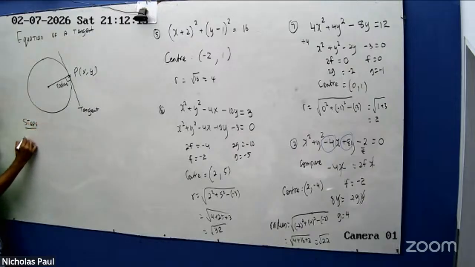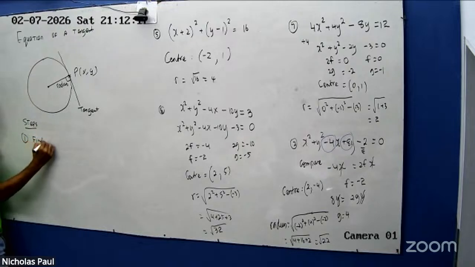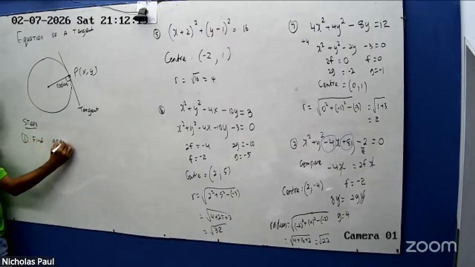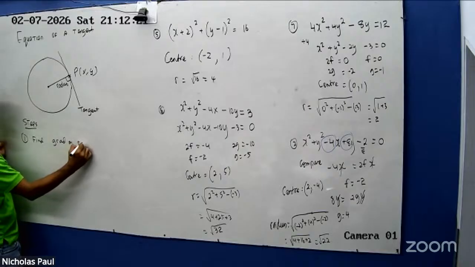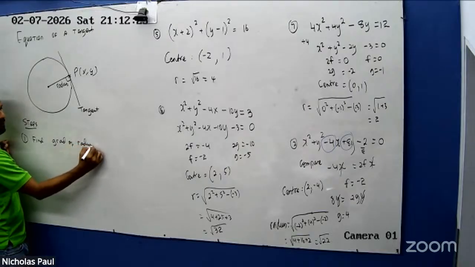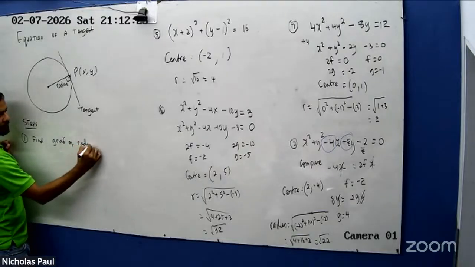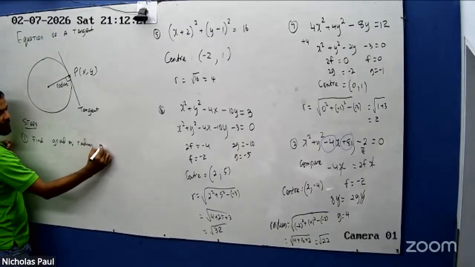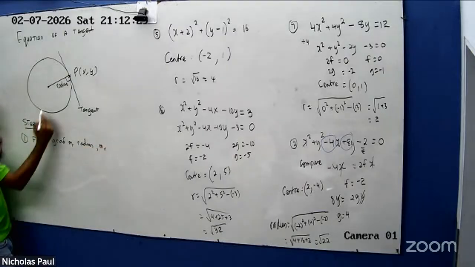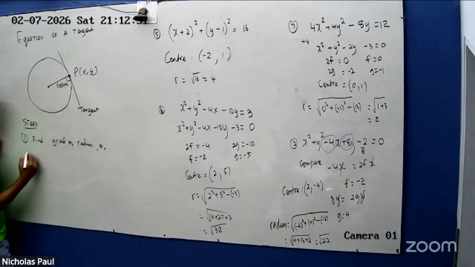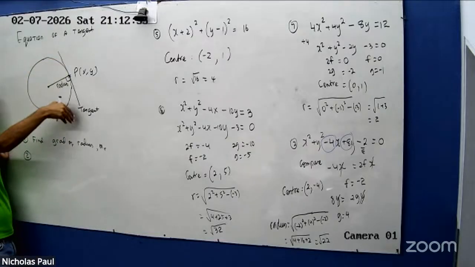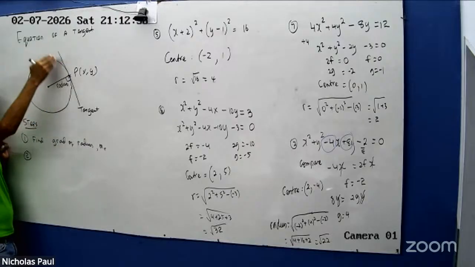The first step to find the equation of the tangent is to find the gradient of the radius. Let's call that MR. Then the second thing is to find the gradient of the tangent.